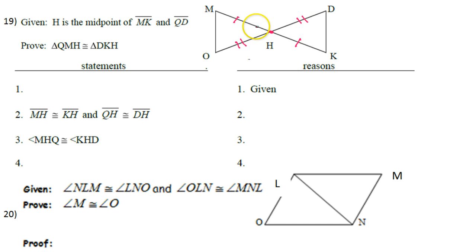In addition to that, we know that these are vertical angles. So these two triangles will be congruent to each other by the side angle side postulate. So keep that in the back of your mind.